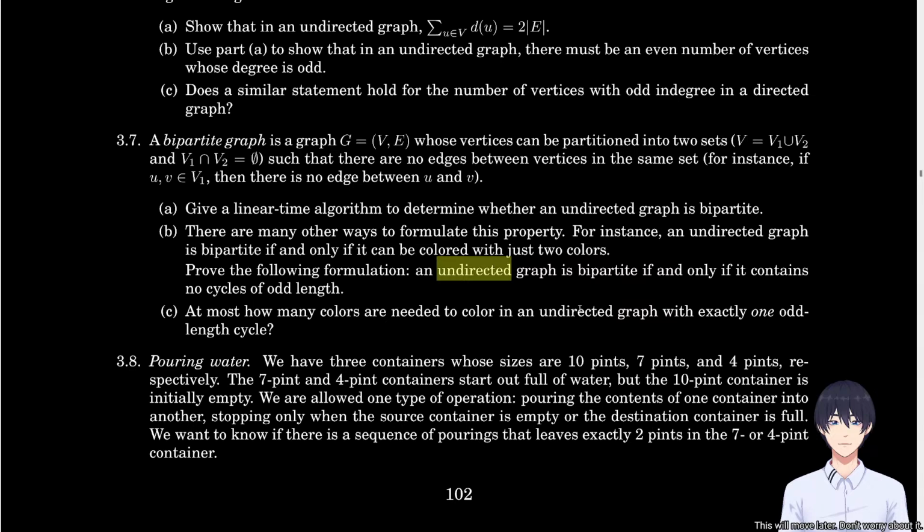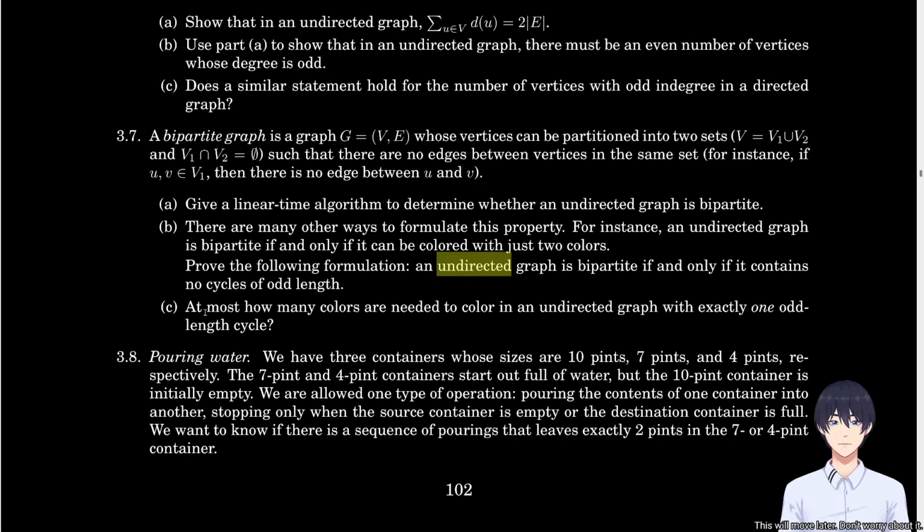An odd number is 2 times some integer plus 1. That plus 1, if it's a cycle, has to go within one set, wherever that plus 1 is. I'm satisfied with that.